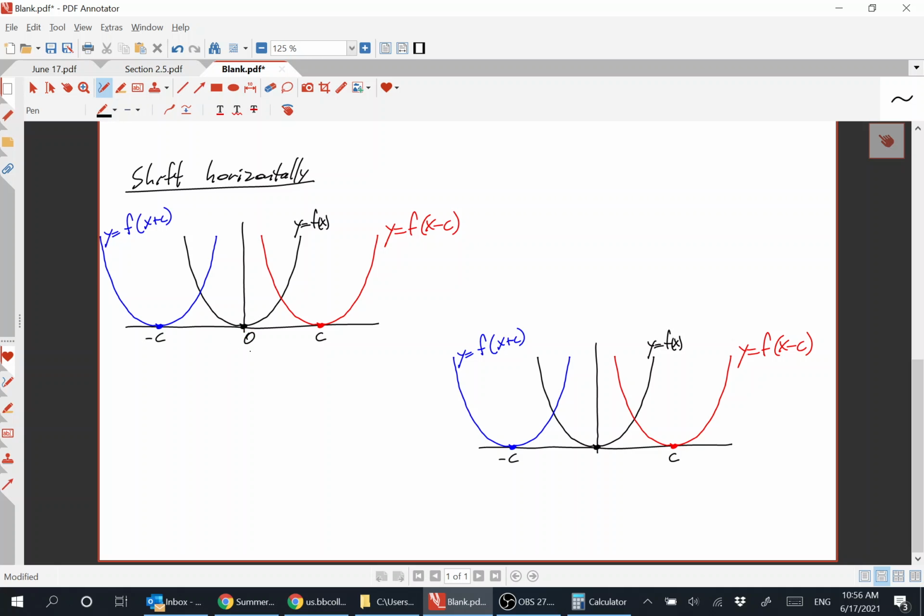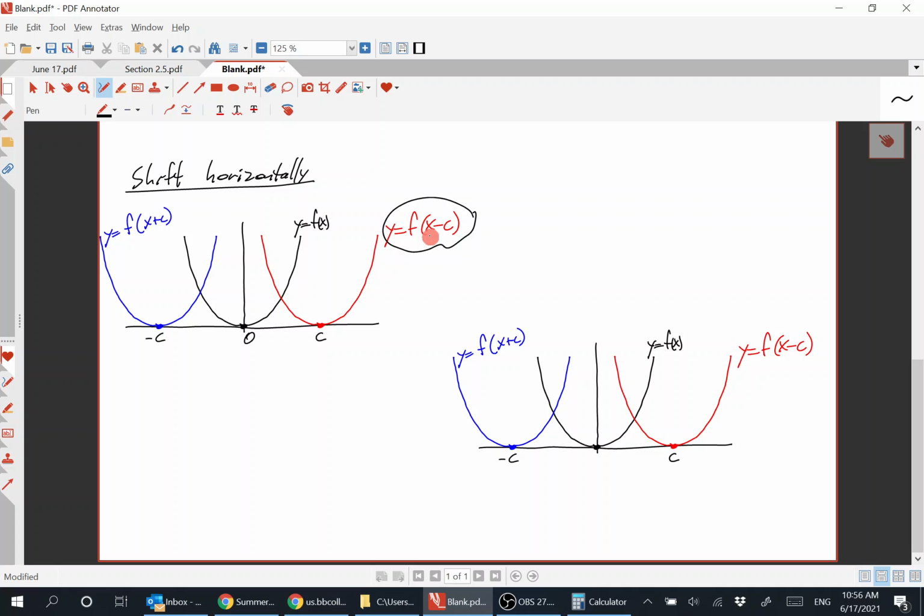So when the argument of this function is 0, we touch the x-axis. The y value is 0. Well, where is the argument of this function equal to 0? At positive c. Not at negative c, at positive c.